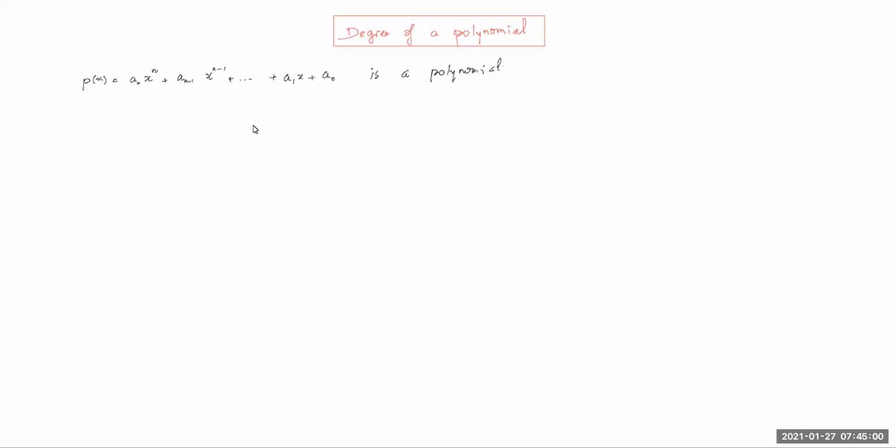We specify it usually with degree n. For the degree of the polynomial p of x, we look at the highest power of the variable x, which is n, and we say the polynomial is of degree n.